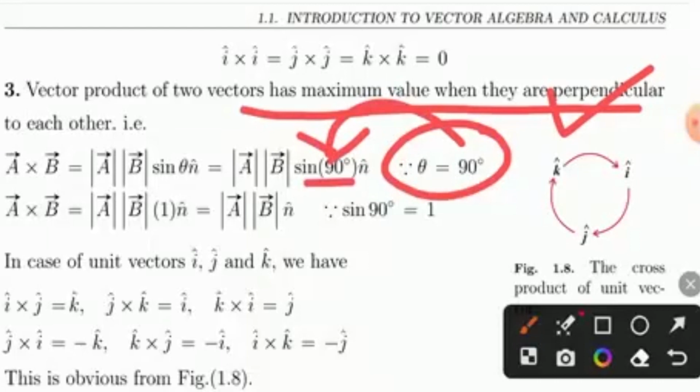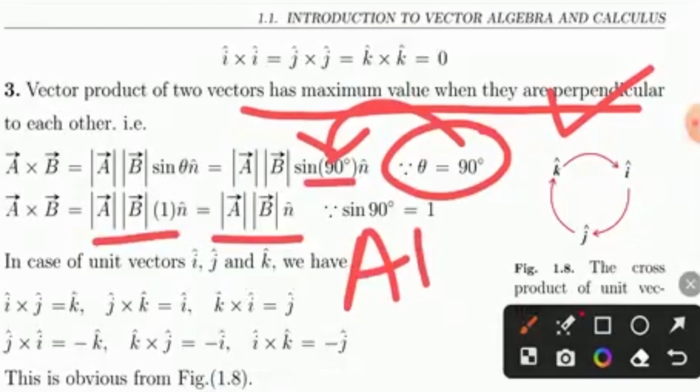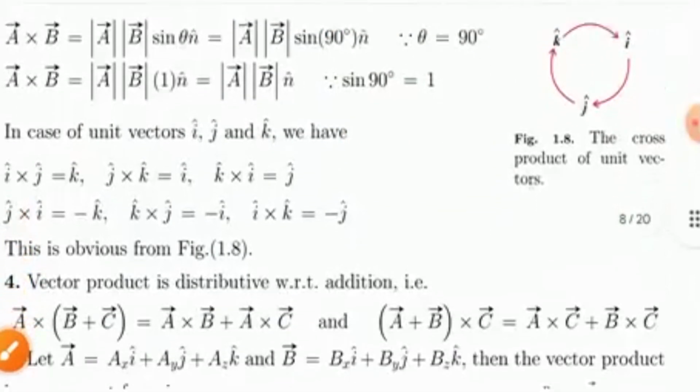Sine 90 is equal to 1, and now the product will become equal to AB and the normal unit vector. If we choose the magnitude of the normal unit vector equal to 1, then the product will become equal to AB.